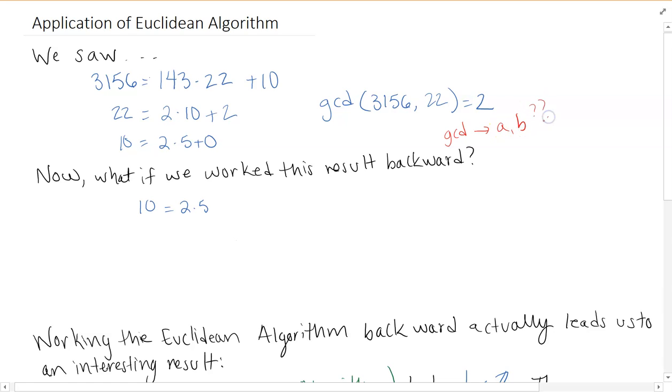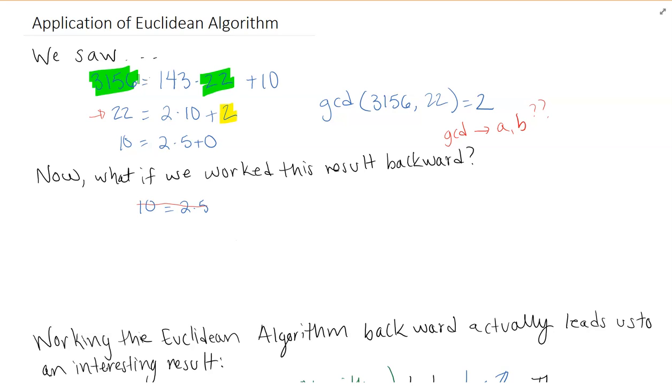Okay, so we might think, well, start backwards, work with the last line. Then there isn't really that much to work with, so I'm not going to work with this. Now, going forward, what do I need to pay attention to? I need to pay attention to the GCD, which is 2, and also any instances where I have my remainders or the two numbers I started with.